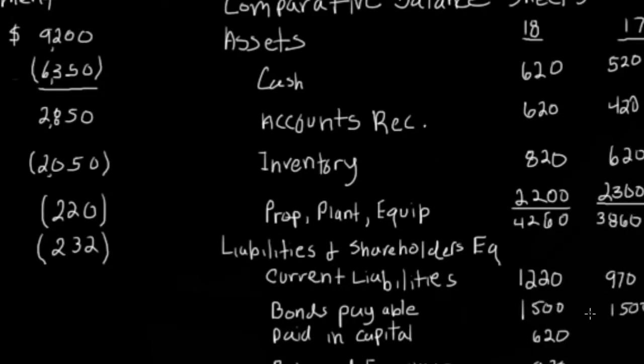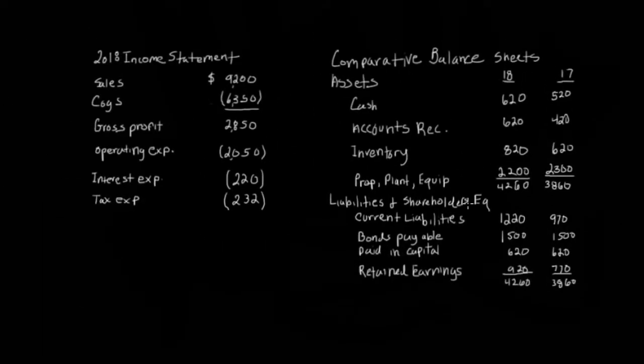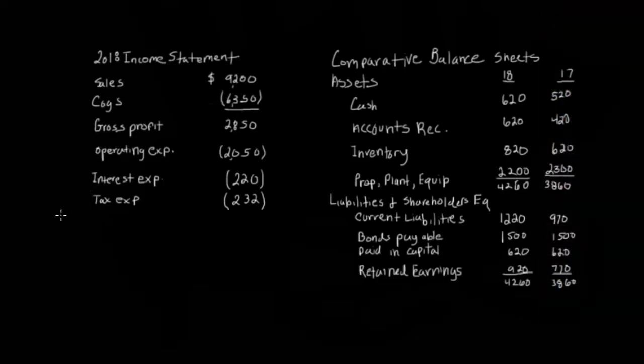Those two ratios, we will need the liabilities and shareholders equity accounts. So first I'm going to switch colors a little bit, so it might be a little easier to distinguish the problems I'm doing here.